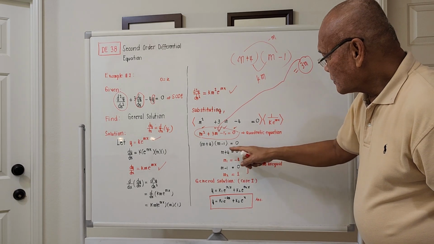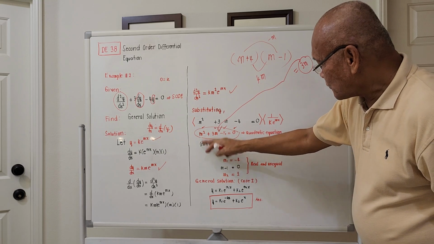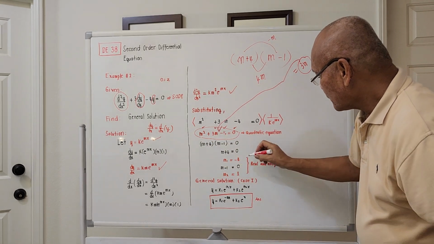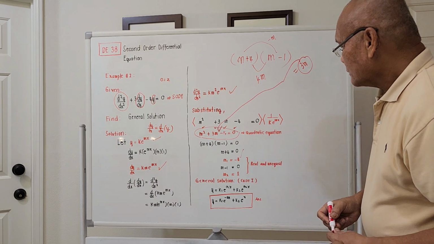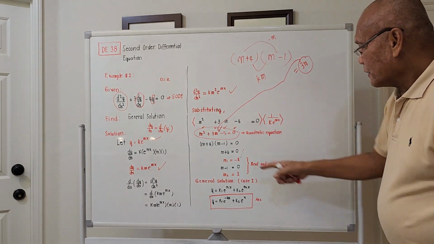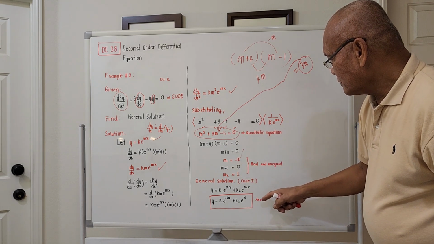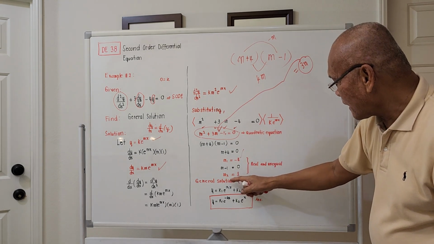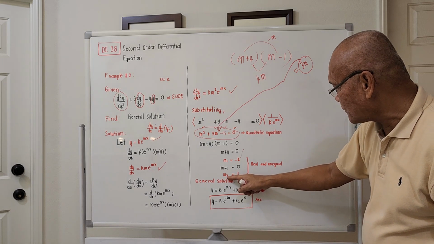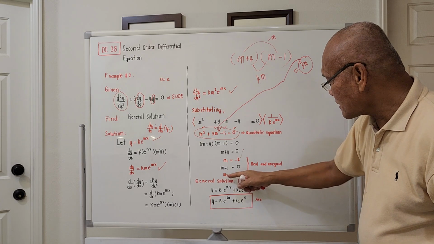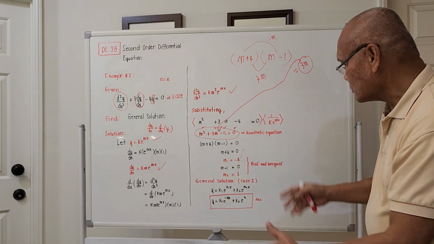Taking m plus 4 equal to 0, m1 will be equal to negative 4. Taking the second factor, m minus 1 equal to 0, therefore m2, the subscript meaning the value of m number 2, is equal to 1 after the transposition.